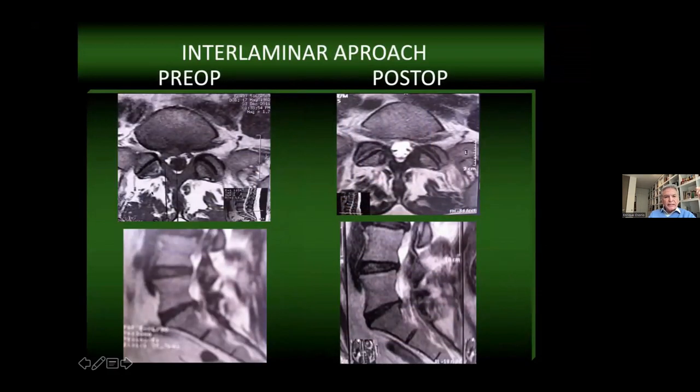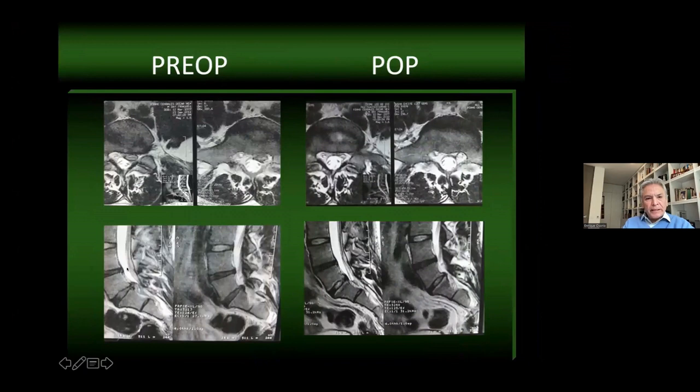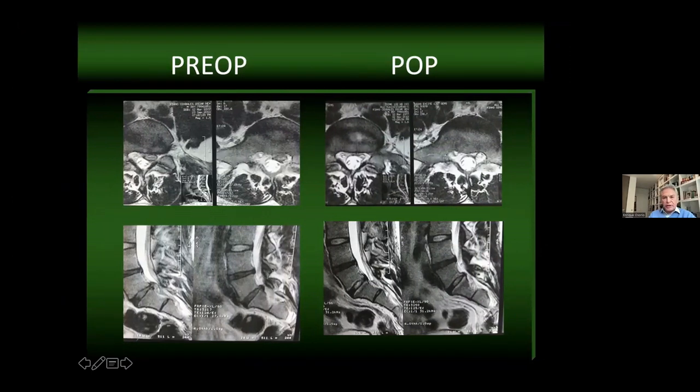That's it. You can see this case in the pre-op with this posterolateral herniation, and this is the post-op of the case. And here you have other examples of these herniations, this extruded herniation in the pre-op and in the post-op.